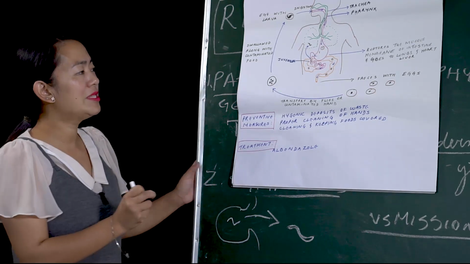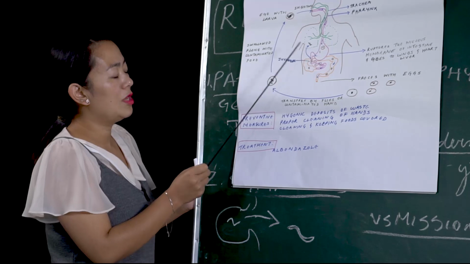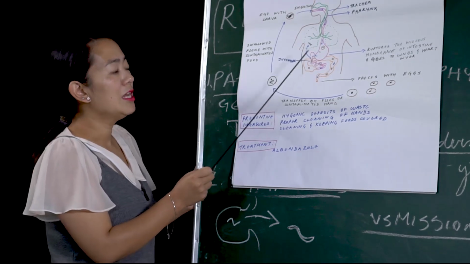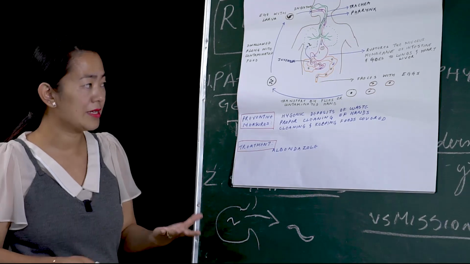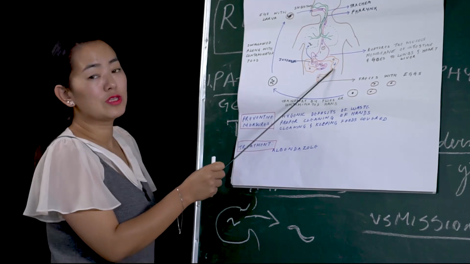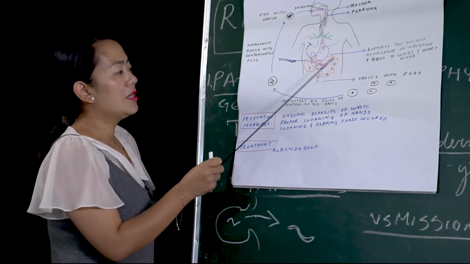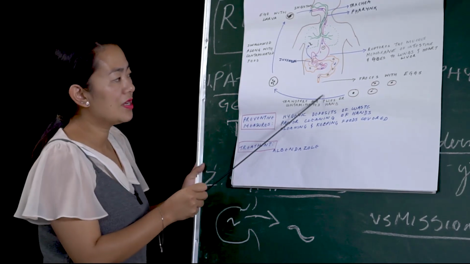Besides this, the normal cycle is that the worm will mature in the small intestine, and then they will start producing gametocytes. You know gametocytes, they start producing eggs. When they start producing eggs, they will move to the large intestine. After they move to the large intestine, along with the feces, they will be given out again.